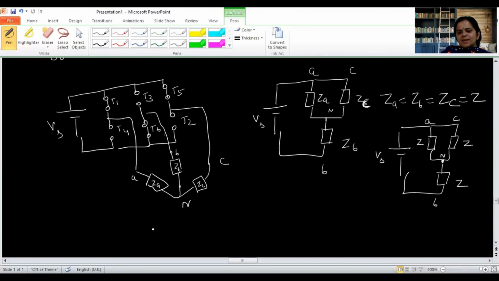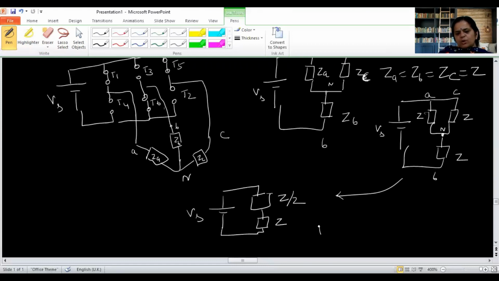You can see that the parallel combination of these two Z will be Z by 2, and this is Z. Now this applied voltage will be divided by the voltage division formula. So this circuit can be made like this: VS, then the parallel combination of Z and Z is Z by 2, and this is Z.